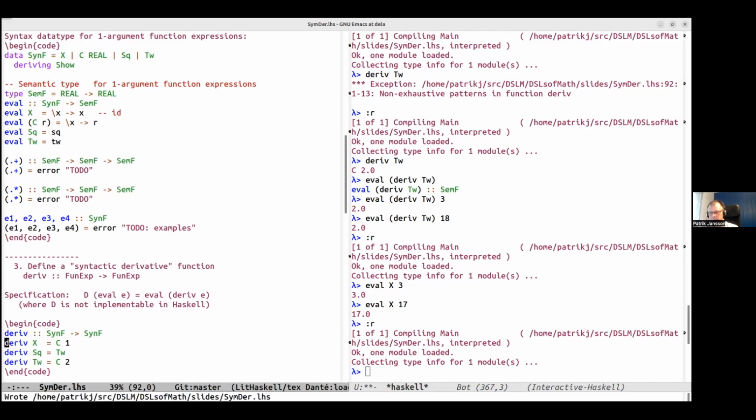And we can see here we have defined derivative for x, squaring, and twice, but we haven't defined derivative for constant functions. So a constant function returning r, well, it's a flat function. It's always r. So its derivative is always 0. So its derivative is also a constant function returning 0.